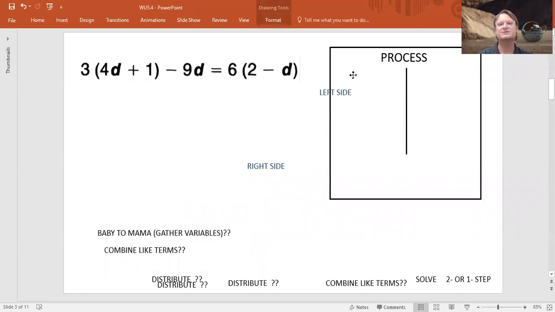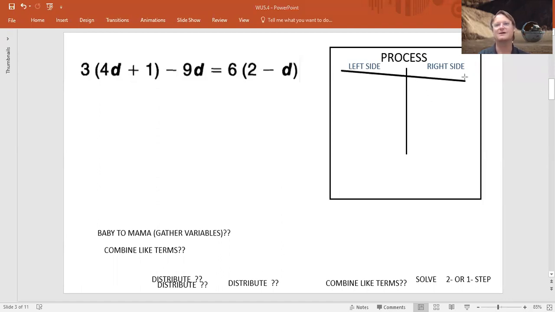You've seen these. This side here will refer to the left side of the equation. That's why it says left side. And then over here, this represents the steps to do on the right side of the equation.